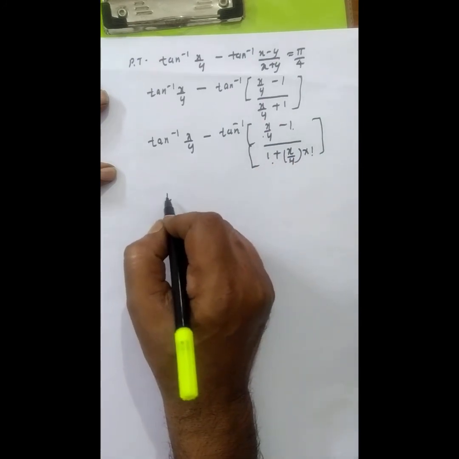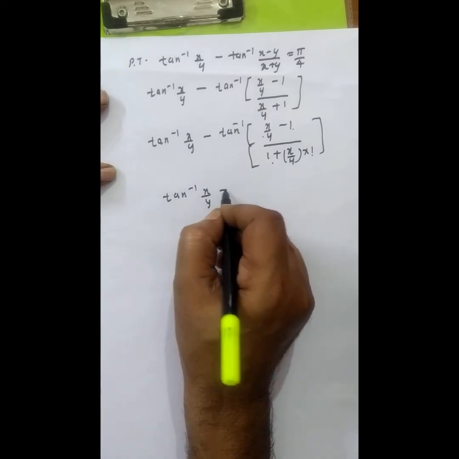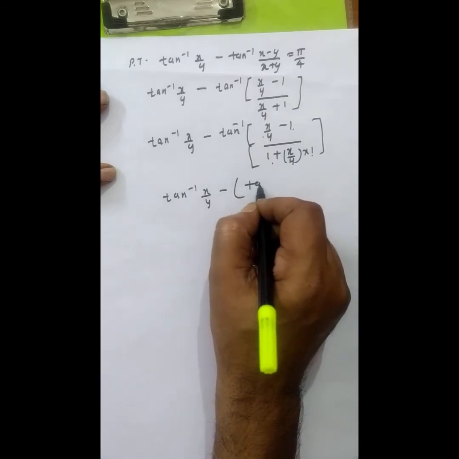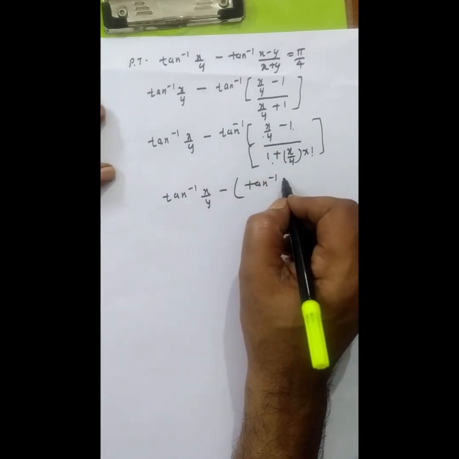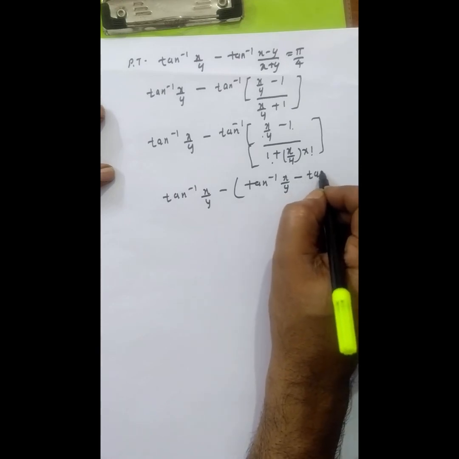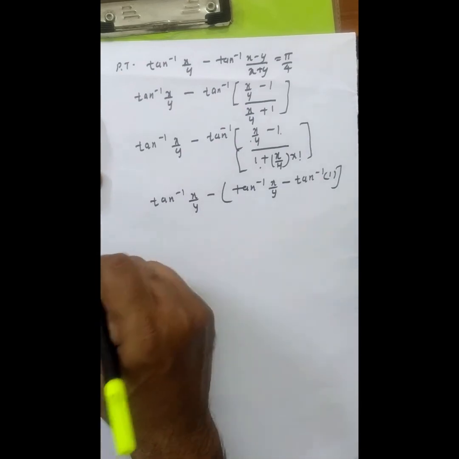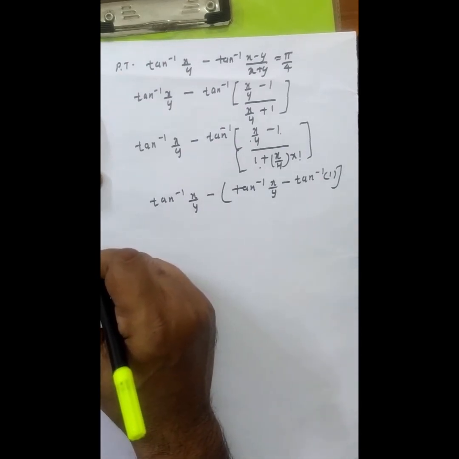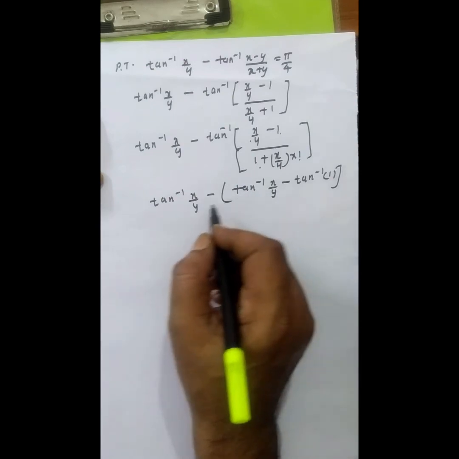We can rewrite this as tan inverse of x upon y as it is, minus into bracket tan inverse of x minus tan inverse of y. So tan inverse of x is tan inverse of x upon y, minus tan inverse of y is tan inverse of 1. It is like tan inverse of x minus y upon 1 plus xy is tan inverse of x minus tan inverse of y.